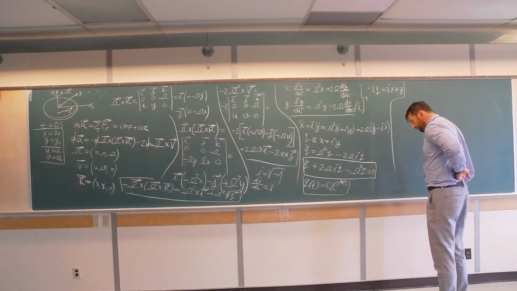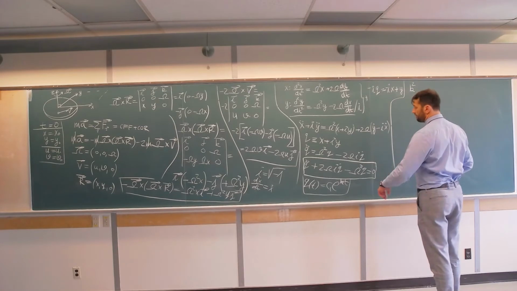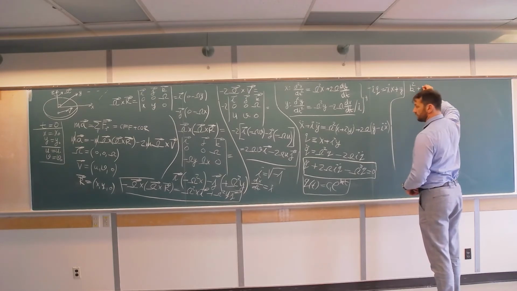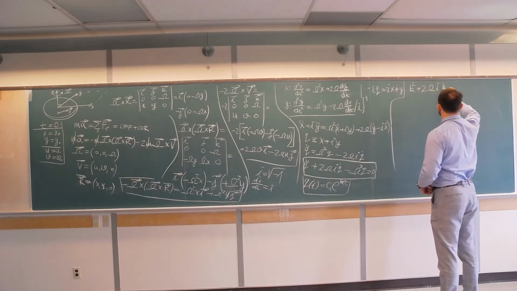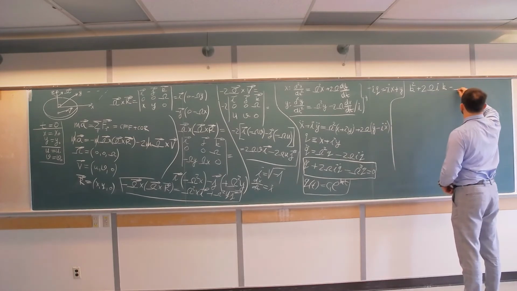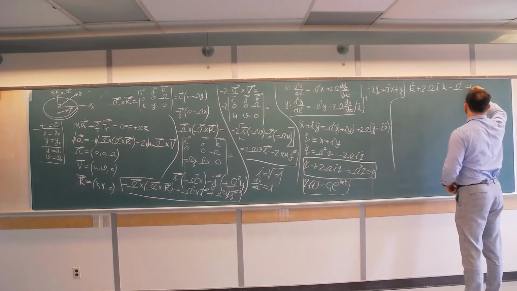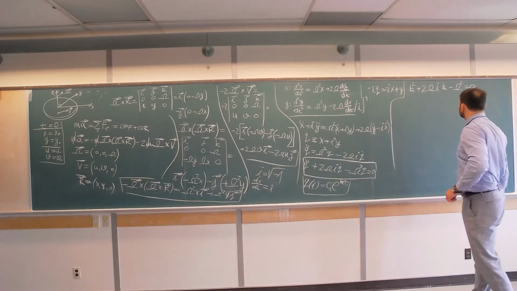So it will be k squared plus 2 omega i k minus omega squared equals 0. So this is a quadratic equation.